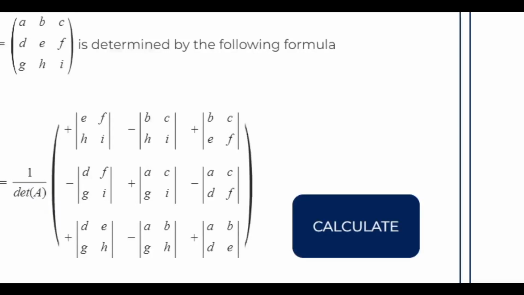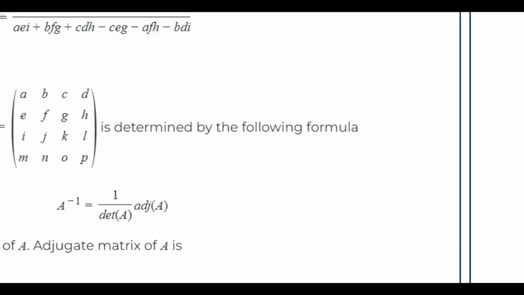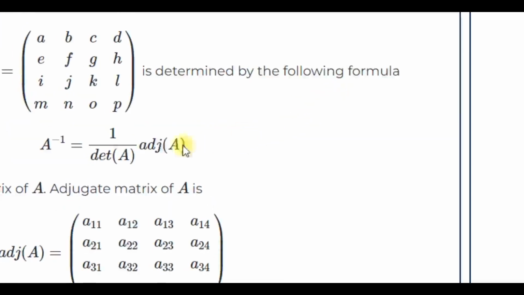Look at, this is a 4 cross 4 inverse matrix formula. So the inverse matrix of matrix A is determined by the following formula: A inverse equals 1 by determinant A into the adjugate matrix of A, which is written as adj A.